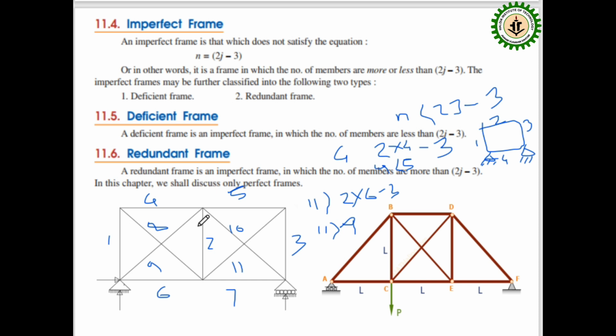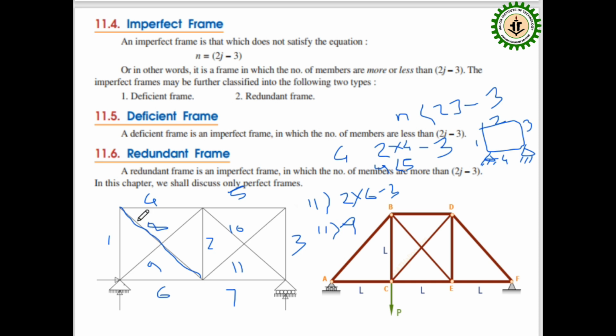Now here one question will arise: why can't we consider this joint and this joint? As we consider this a whole member, that's why we do not consider this a joint.